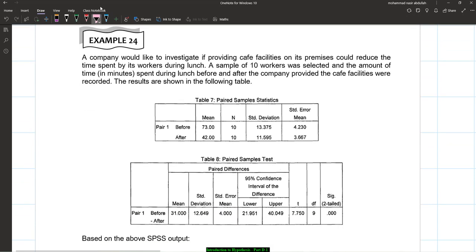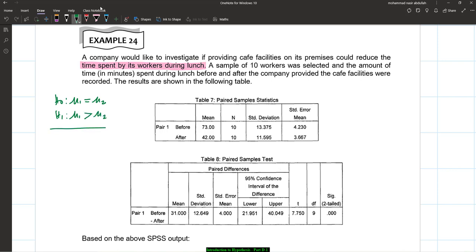A company would like to investigate if providing a cafe facility in its premises would reduce the time spent by its workers during lunch. So they want to know whether the null hypothesis mu1 minus mu2 equal to 0, and the alternative hypothesis mu1 is more than mu2, right?